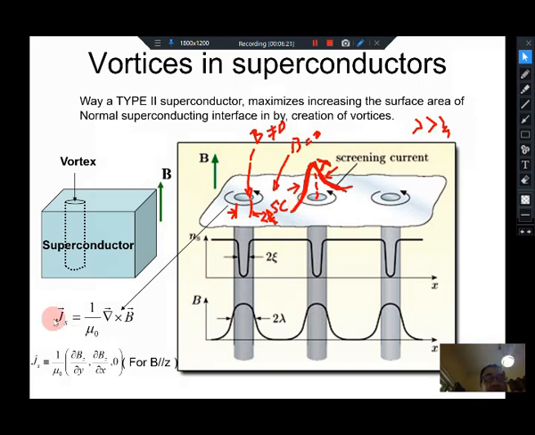You can find these diamagnetic shielding currents from the curl of B, and they are also given by London's equation. So London's equation also gives you the distribution of current density around a vortex core. Let us look at this vortex core in a little more detail.